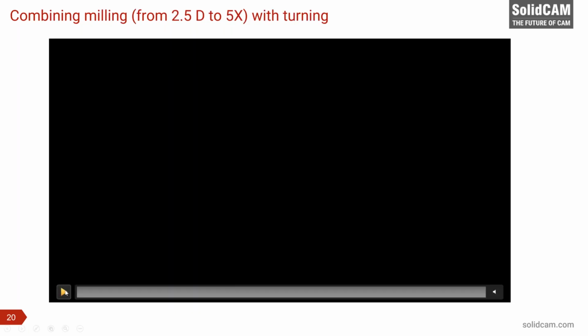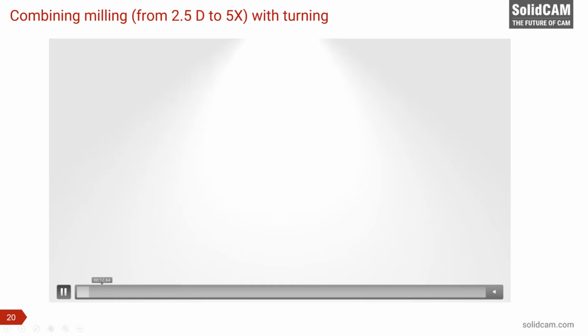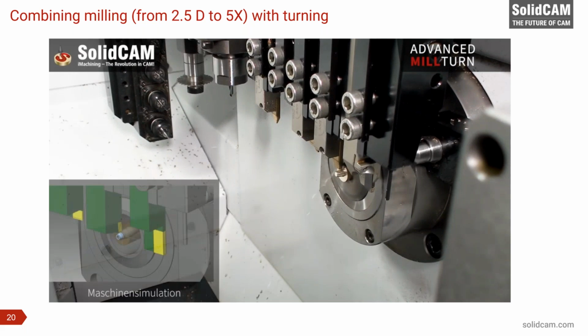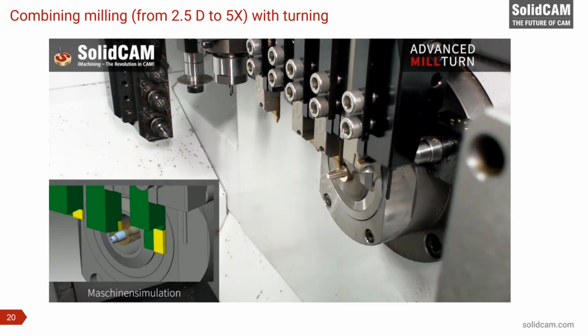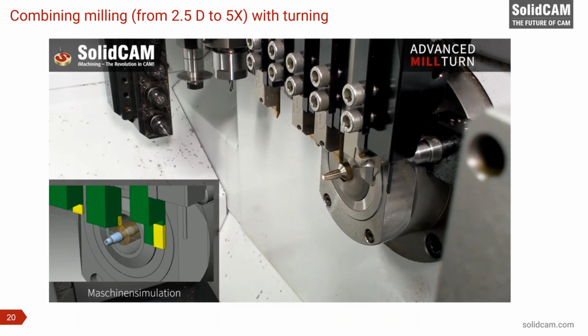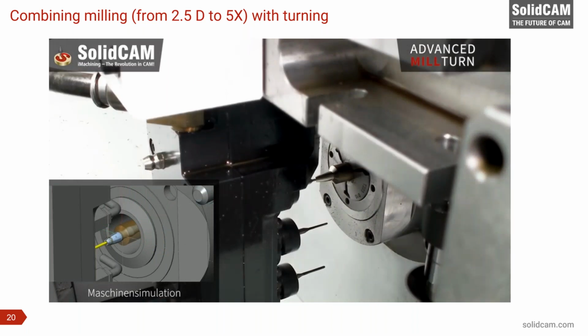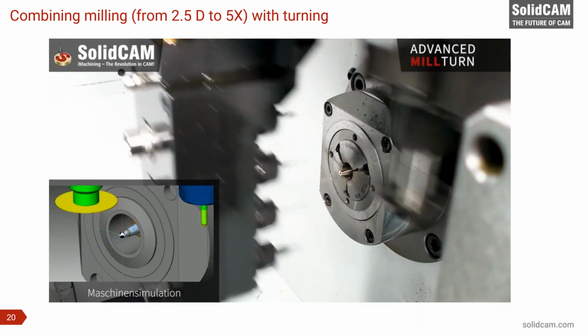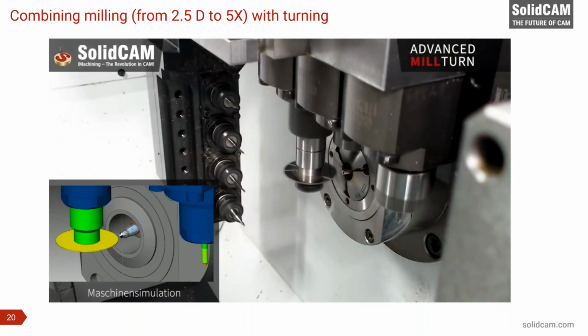Okay, now I would like to show you a very nice video from our German department that shows how we can combine milling, different milling operations with turning operations on one machine. So we can join all this functionality. We can have a nice postprocessor which describes the machine structure that you need, absolutely the same as you have on your machine.